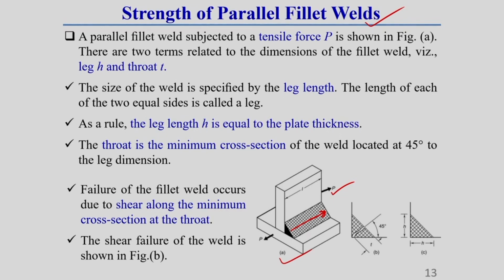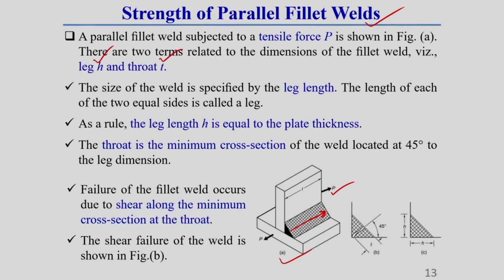Now, in case of a parallel fillet weld joint, one thing you should keep in mind. We generally use two different terms to specify the dimensions of the fillet weld: one is called leg, s, and another is called throat, t.